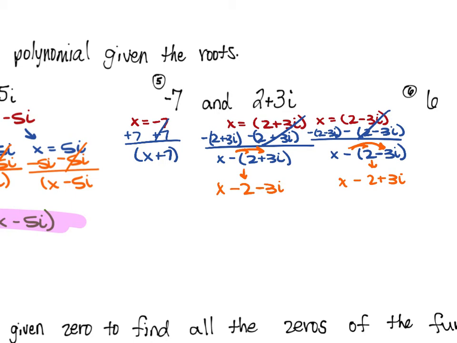We're going to write this as a multiplication expression, put parentheses around that x minus 2 minus 3i and x minus 2 plus 3i, and rewrite it as x plus 7 times x minus 2 minus 3i times x minus 2 plus 3i.